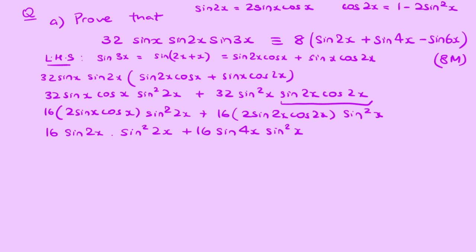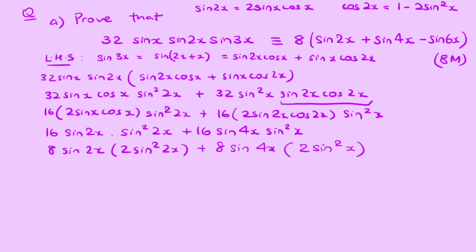So again, I'm going to quite cheekily factorize 16 again. So 8 sin 2x times 2 sin squared 2x, and then plus 8, I can do the same over here with respect to sin squared x: 8 sin 4x times 2 sin squared x.